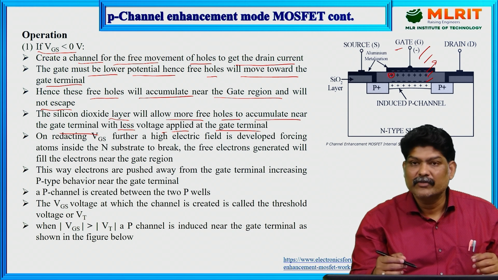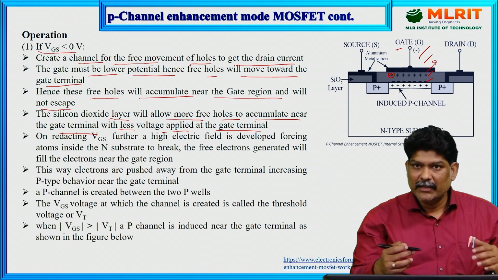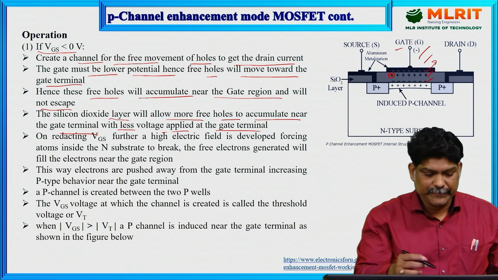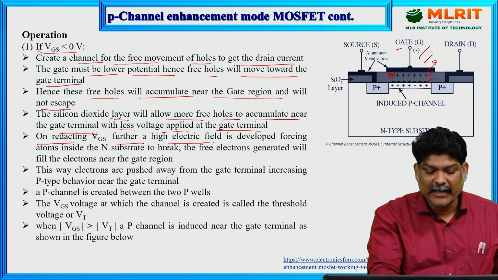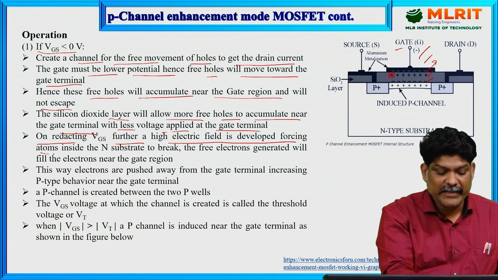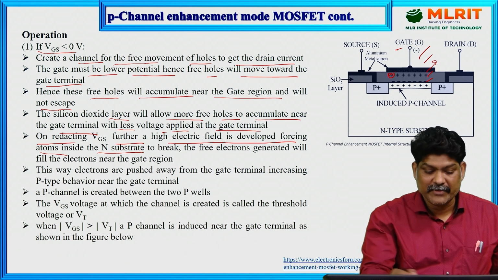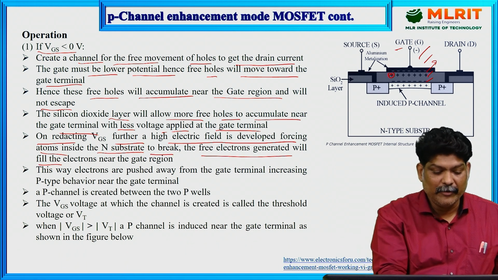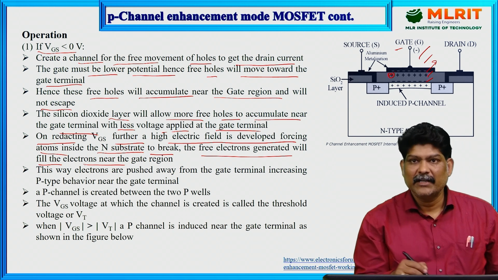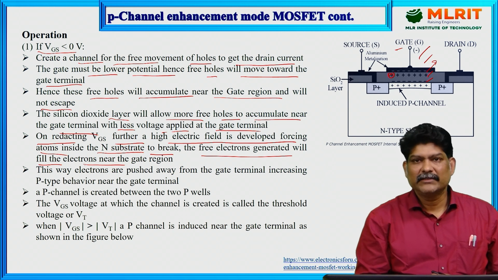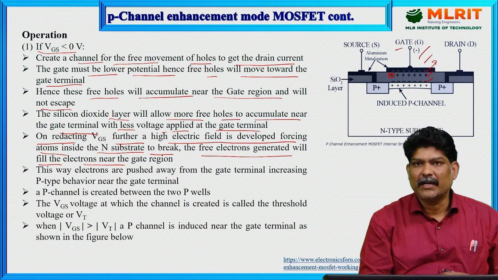Those negative charge particles attract free holes. On reducing VGS further, a high electric field is developed, forcing atoms inside the N-type substrate to break. The free electrons generated move near the gate region. In such a way we can generate a channel under the SiO2 layer.